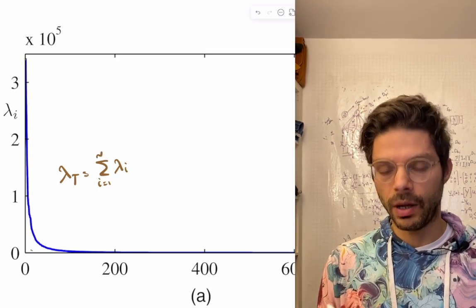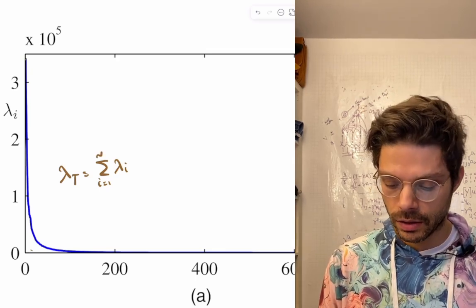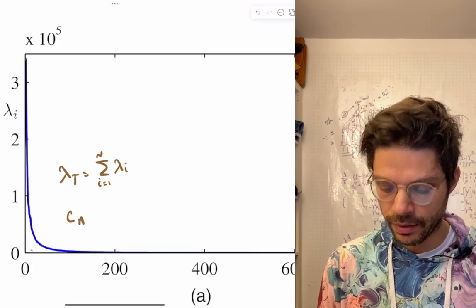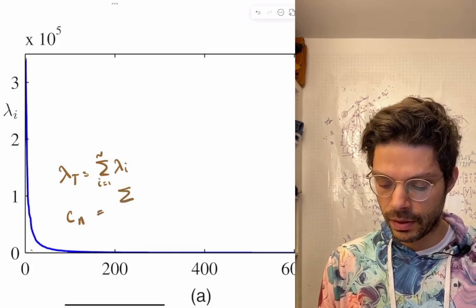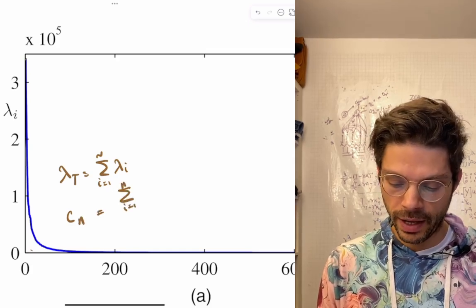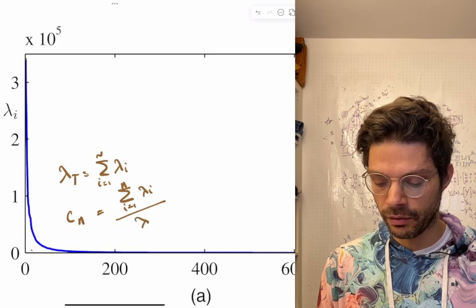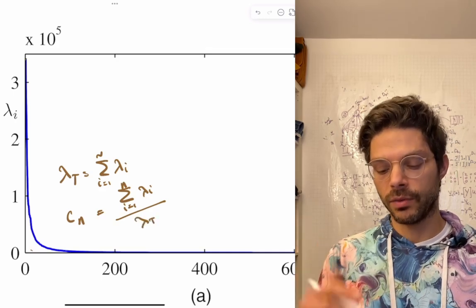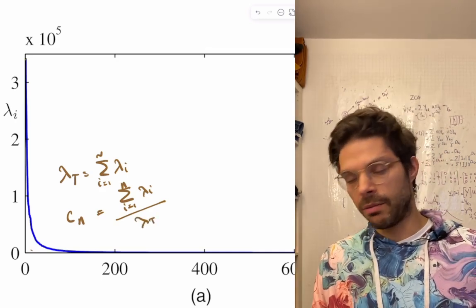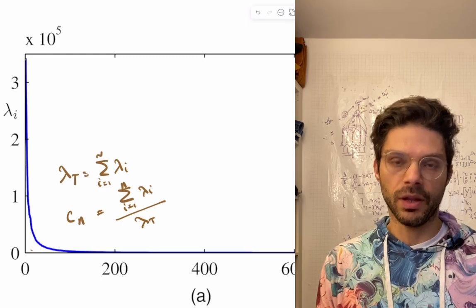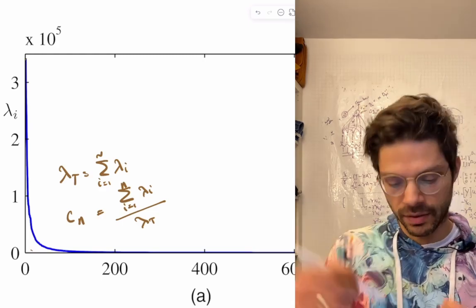And then we plot the cumulative variance, let's call it C of n. That's the sum for i equals 1 to n of the variances divided by the total variance. So when n goes to however many components you have, it will be 1. And when n is equal to 1, it'll just be the first principal component scaled by the total variance.